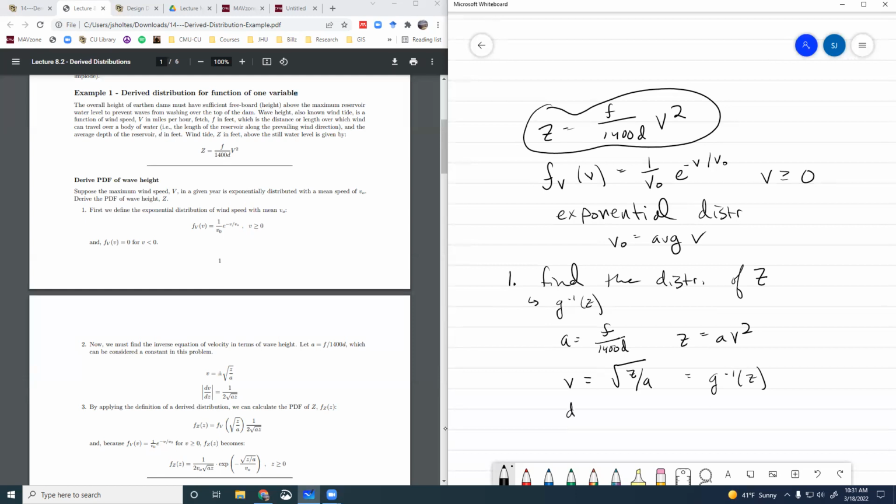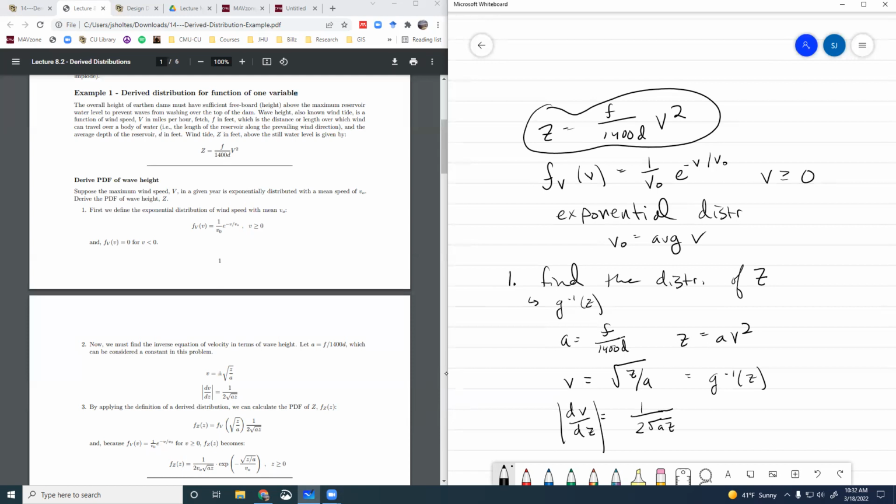So dV with respect to Z is equal to 1 over 2 square root of AZ. So this is the negative 1/2, but we're taking the absolute value of it, right? Because we only care about positive values here, positive probability. So we get that 1/2, and then whatever is in here to the negative 1/2.